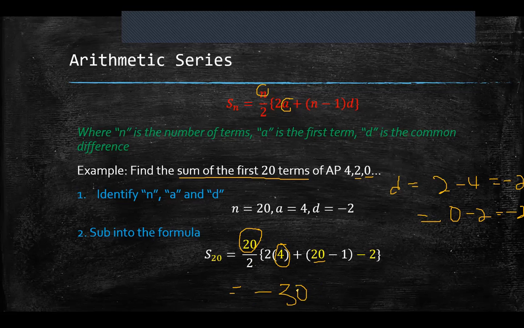Wait, yes, that does make sense. Are you getting minus 300? Just by simplifying this now: 19 by minus 2, that's minus 38, minus 38 plus 8, that's minus 30, and then minus 30 by 10. Are you getting minus 300? Yes, no?